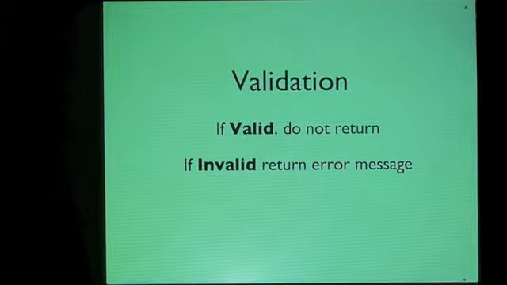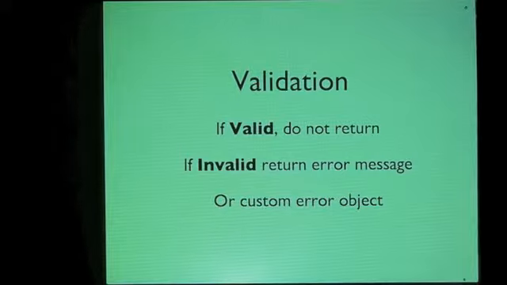If they look bad to you, you return an error message, or you can return a custom error object. And no matter what object you return, if the Backbone framework sees that something was returned, it says that's an error. Something is an error. Nothing is not an error.